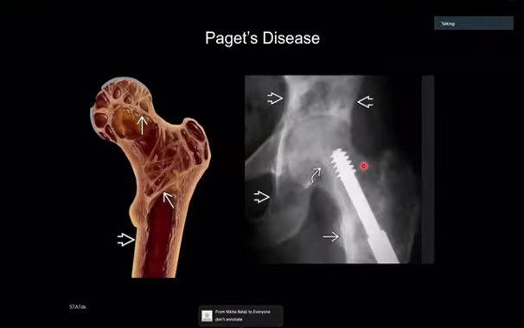Now, this diagram tells you that in Paget's disease, there is thickening of the trabeculae. There can be thickening of the cortex, which is visible in this case, both at the acetabular component as well as the femoral component.